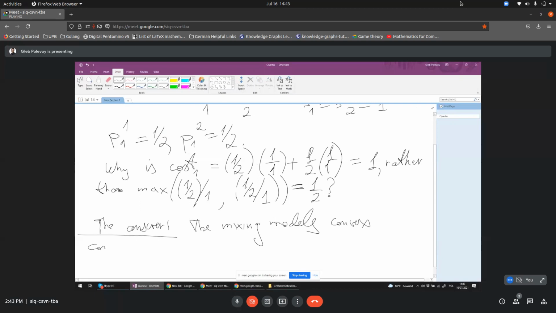Convex combinations, which can be interpreted as probabilities.